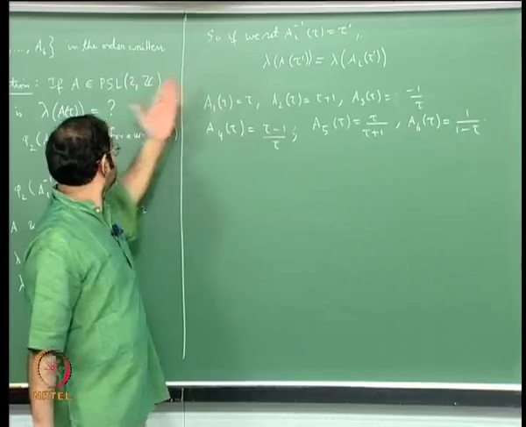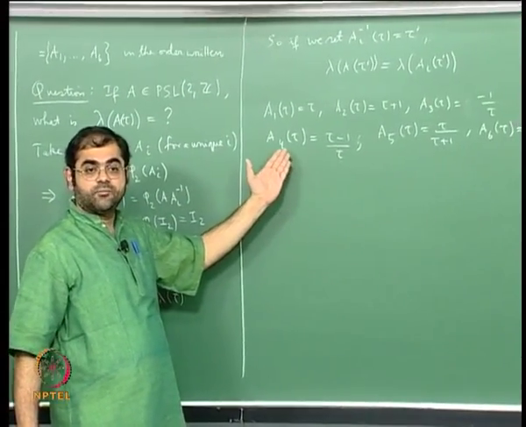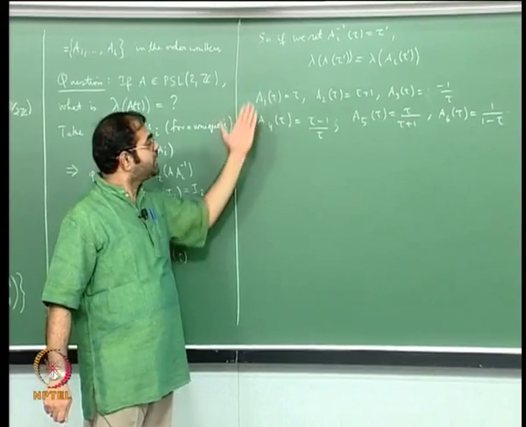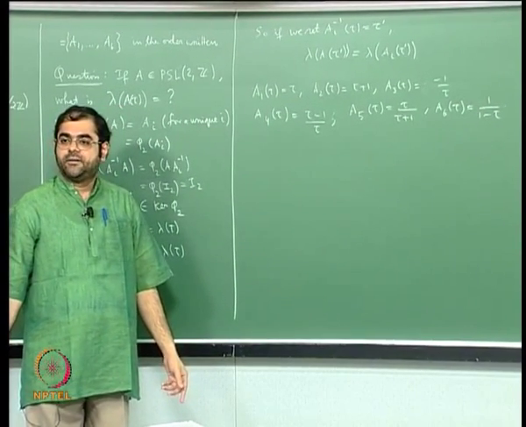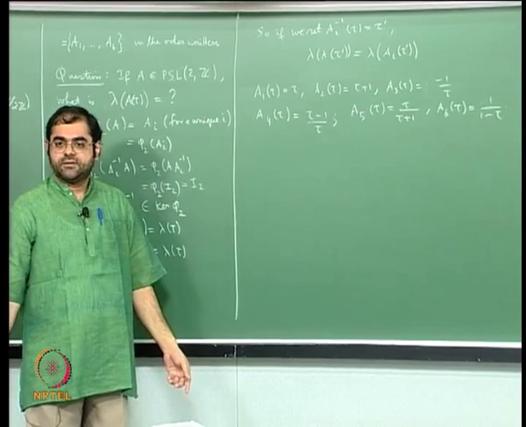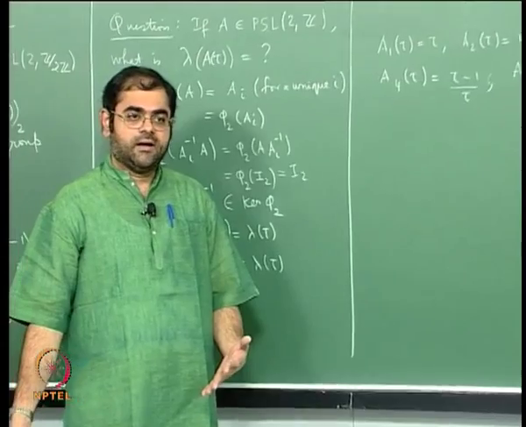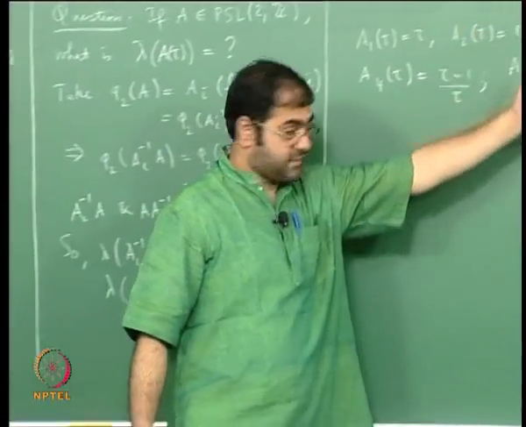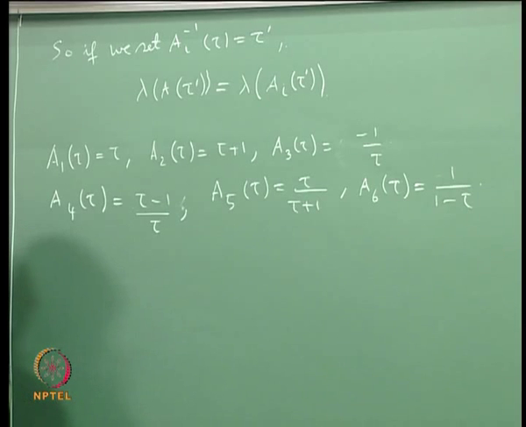So this question reduces our computation to the computation of these things, and computing these actually gives us certain relationships between lambda applied on tau and on the images of tau under these maps, which are called functional equations.